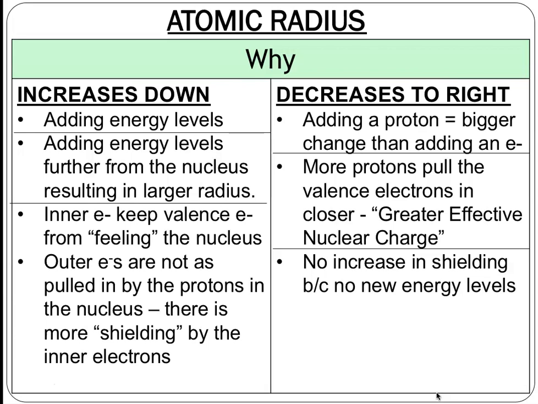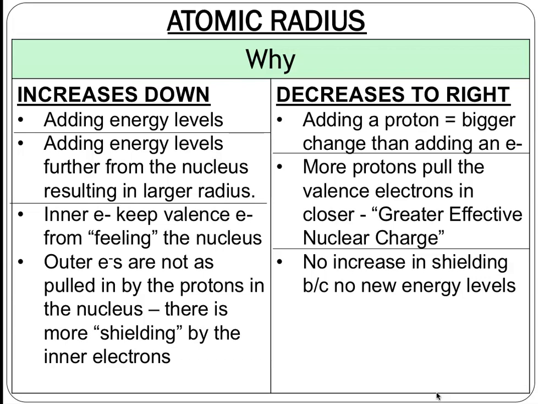Inner electrons keep the valence electrons from feeling the nucleus. That is the purpose of shielding. Those outer valence electrons, they don't feel the pull as much. They actually have the ability to get further and further away, but of course they do not fly off.